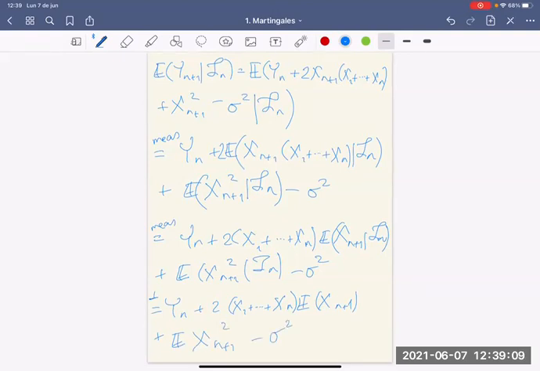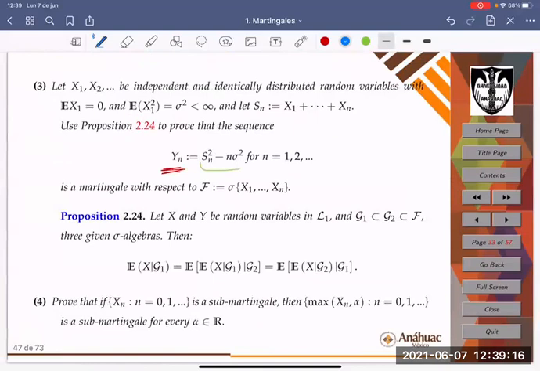And this is the easiest part of all, because we readily know that the expectation of X_{n+1} equals 0. And you'll be like, but it says that the expectation of X1 is 0. Yes, but they are identically distributed. So if we have the expectation of the first, then we have the expectation of all the others. And we also have the variance, which equals sigma squared.